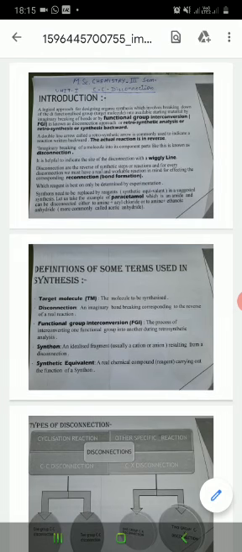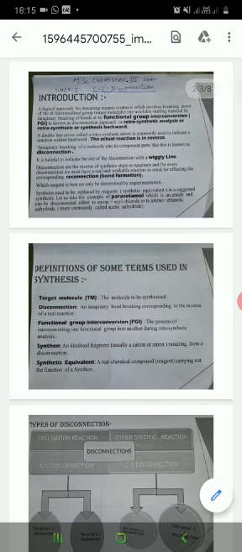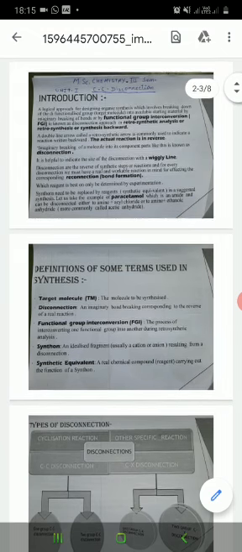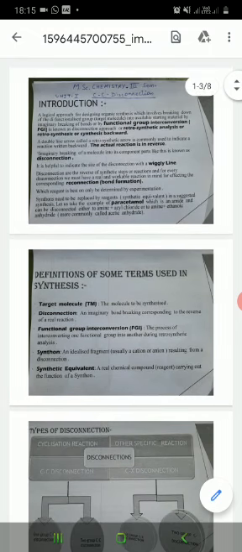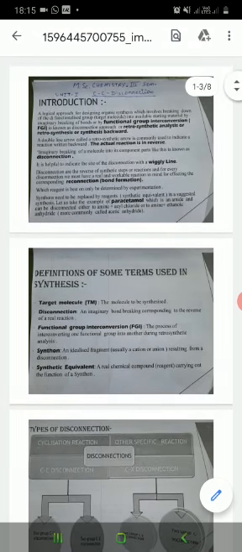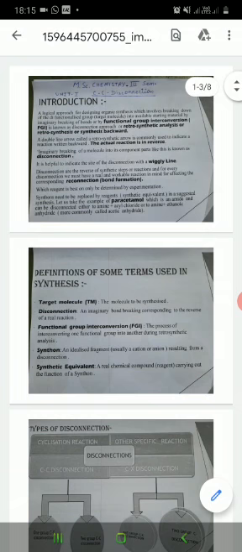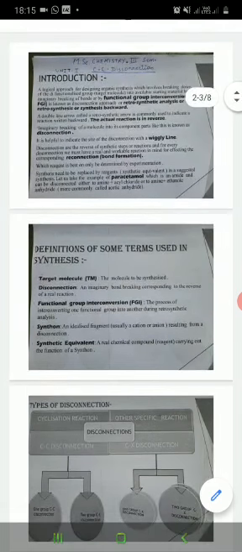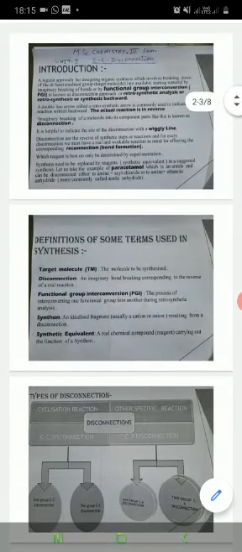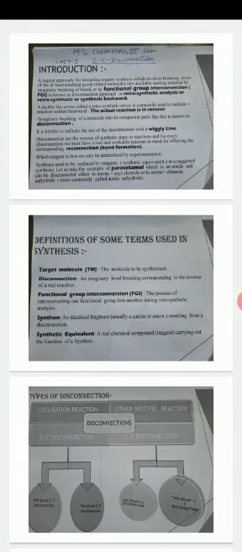Functional group interconversion: the process of interconverting one functional group into another during retrosynthetic analysis. Synthons: idealized fragments resulting from a disconnection. Synthetic equivalent: a real chemical compound carrying out the function of a synthon.